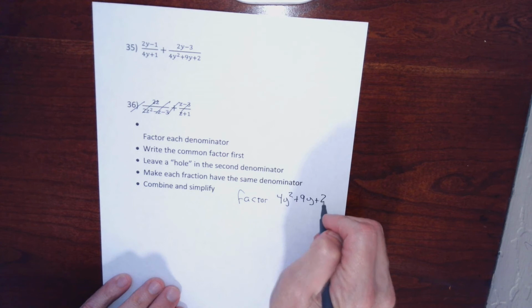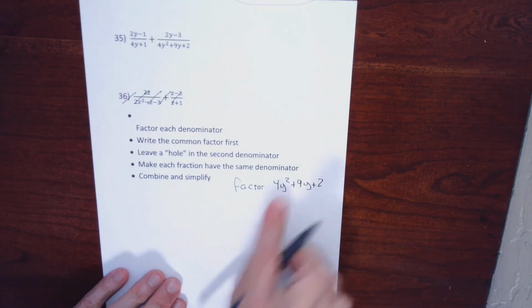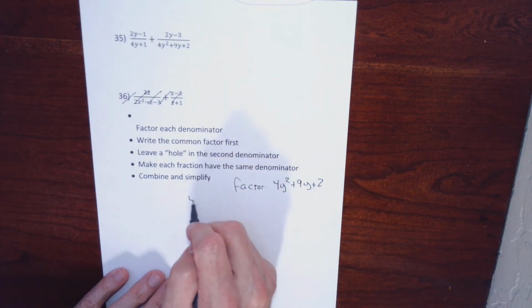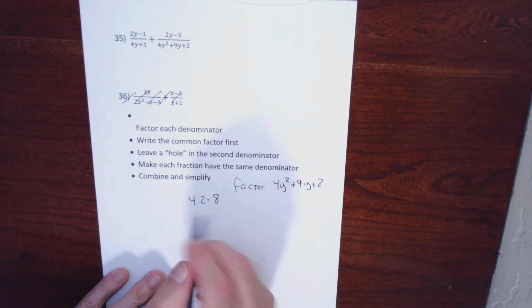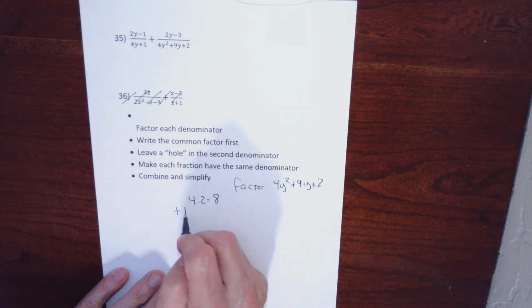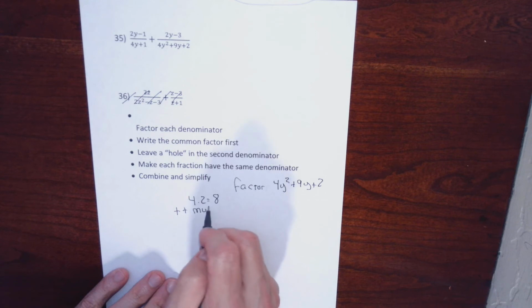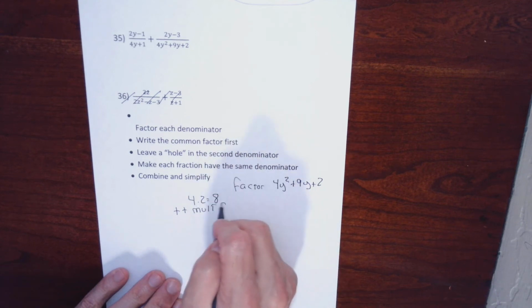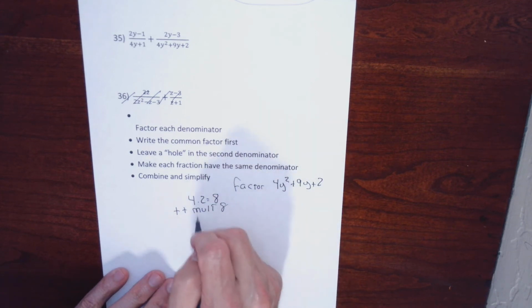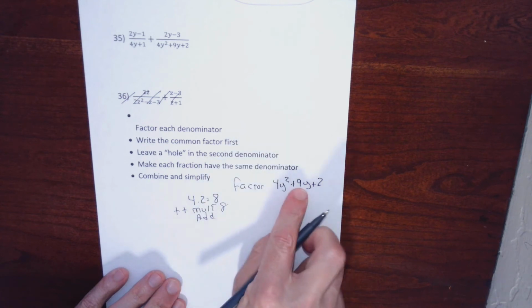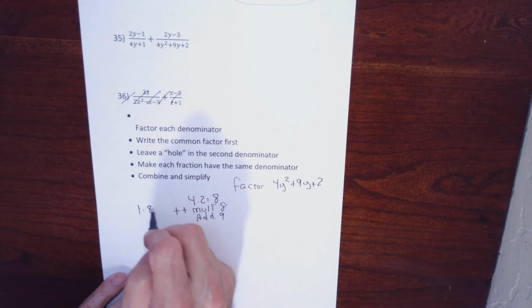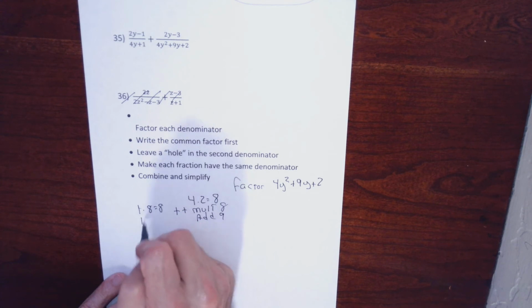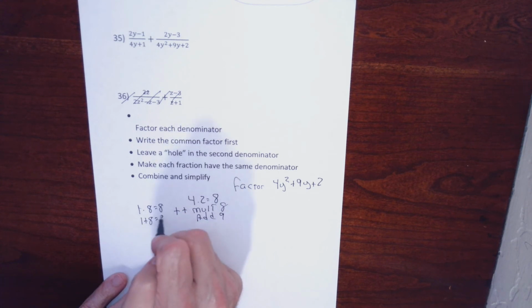And in this one, I'm going to factor by grouping because of the 4 in front of the squared term. So I'm going to multiply the 4 and the 2 to get an 8. I'm looking for plus, plus numbers that multiply to that number 8 and add to that number 9. And that's going to be 1 and 8, because 1 times 8 is 8, and 1 plus 8 is 9.